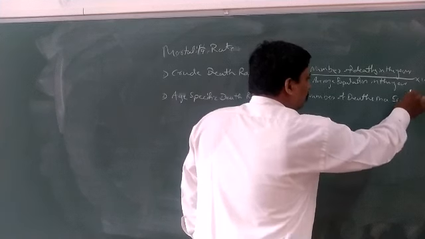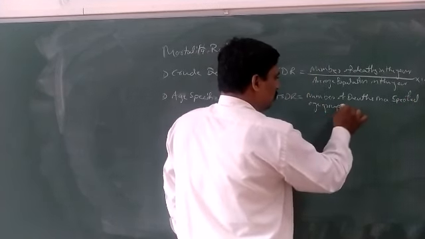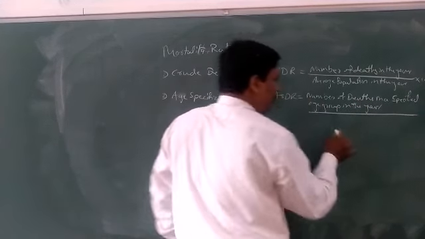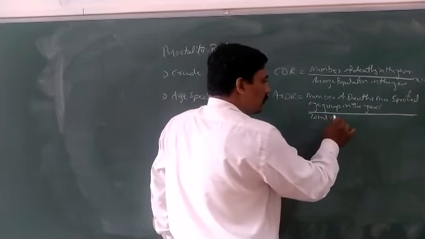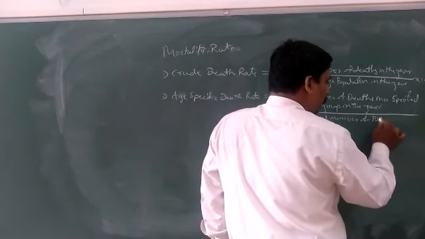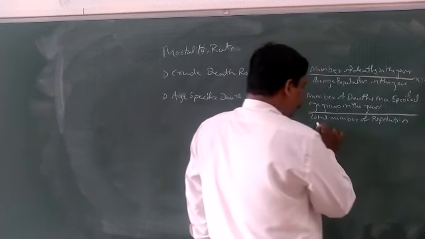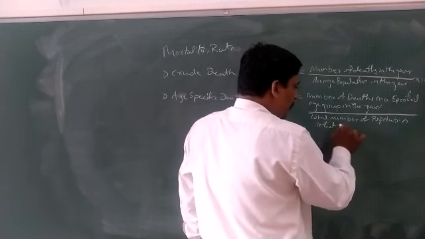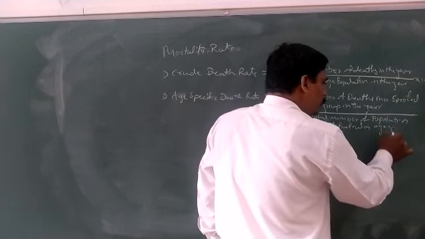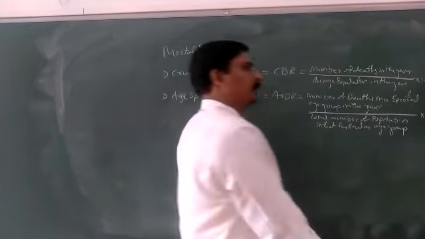specified age group in the year divided by the total number of population in that particular age group in the year, into 1000.